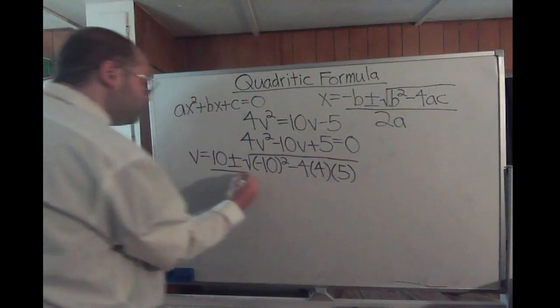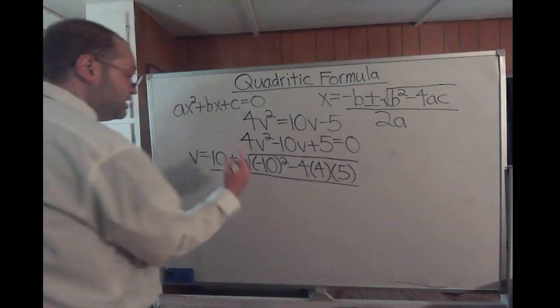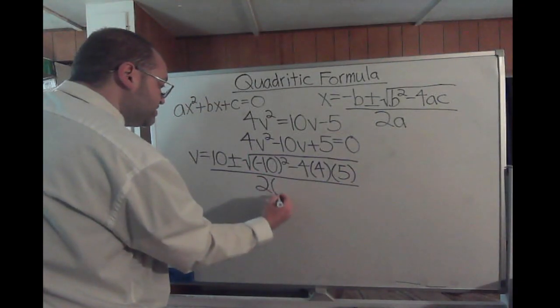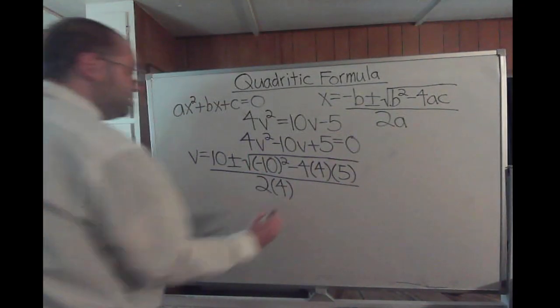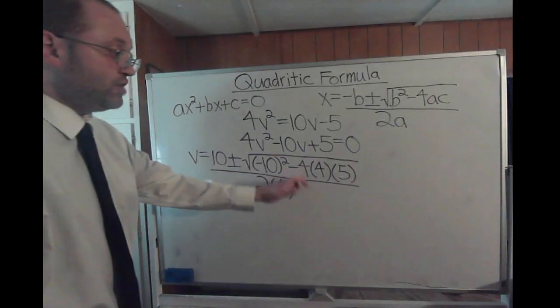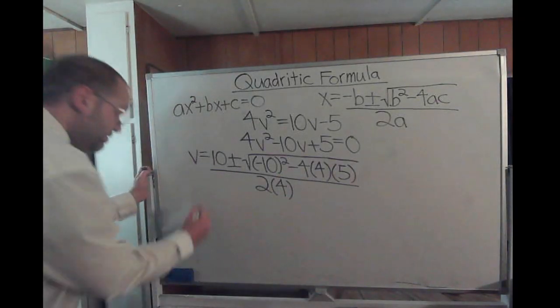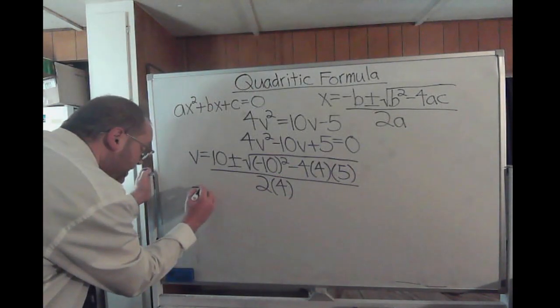This is all going to be over 2 times a, which is 2 times 4. So now we've at least set up the quadratic formula for this equation, so we can start simplifying further now.